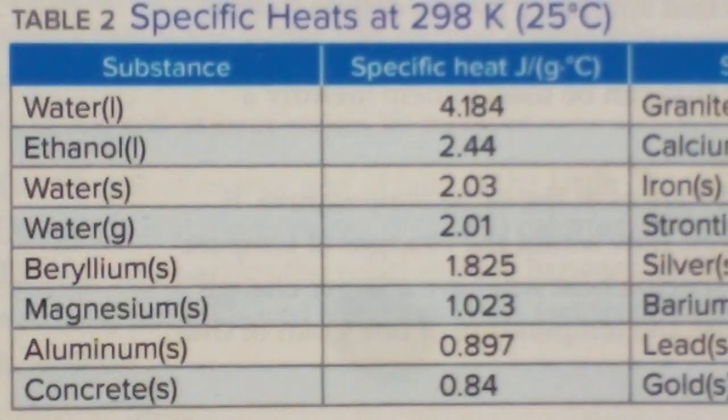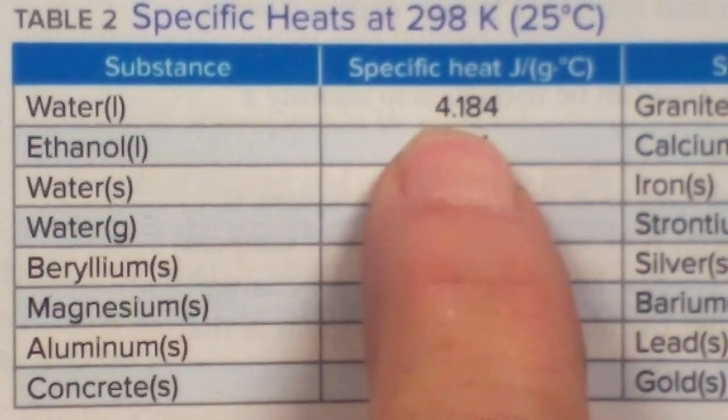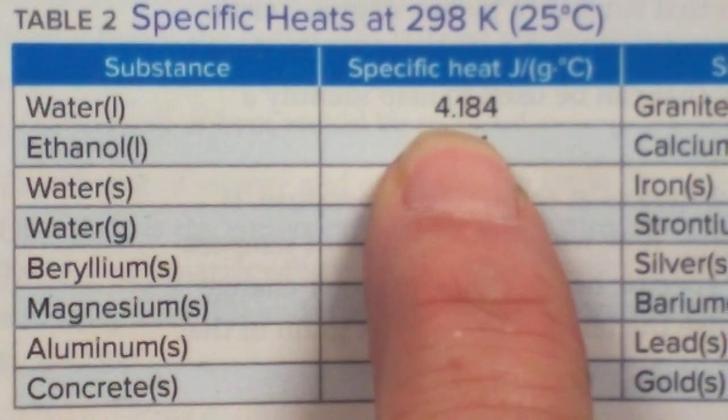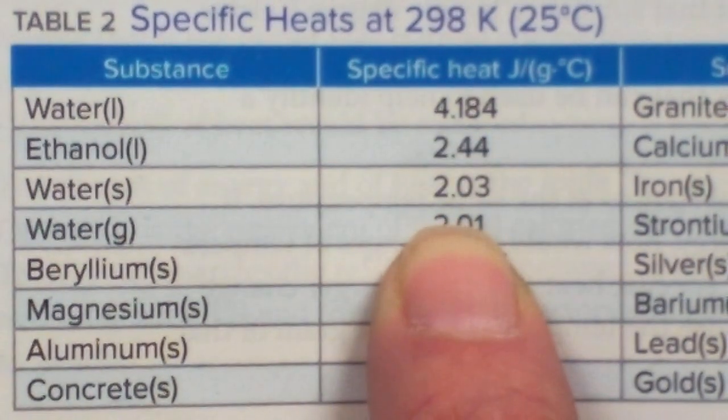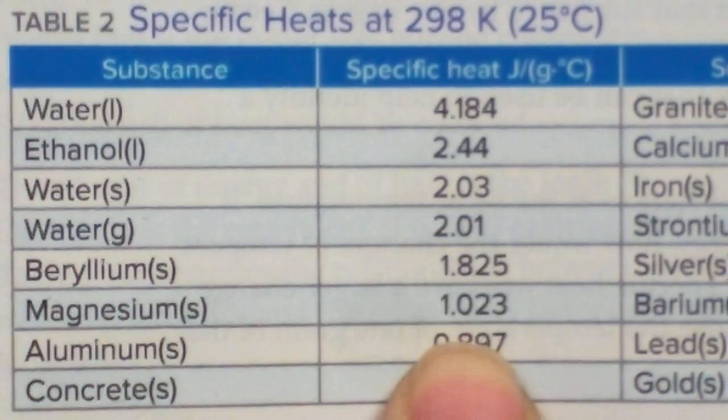So 1 calorie is the amount of energy to raise 1 gram of water 1 degree Celsius, which then of course would be 4.184 joules, because that is equal to 1 calorie. But that's more than enough energy for solid water, for ice, and it's way more than enough energy for magnesium, right? You don't need that much. So let's see.